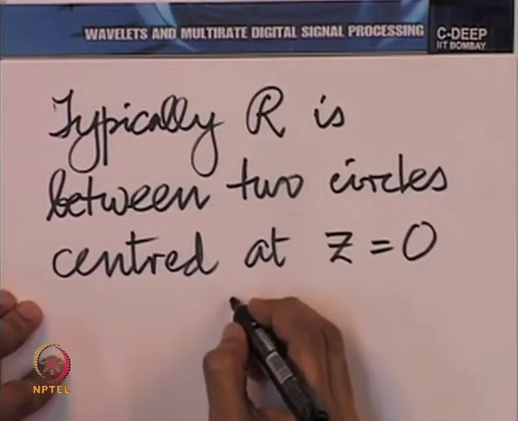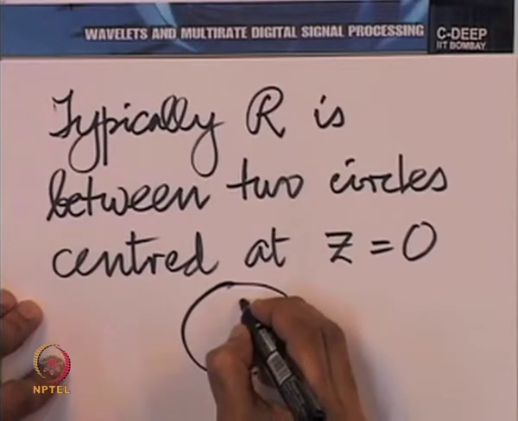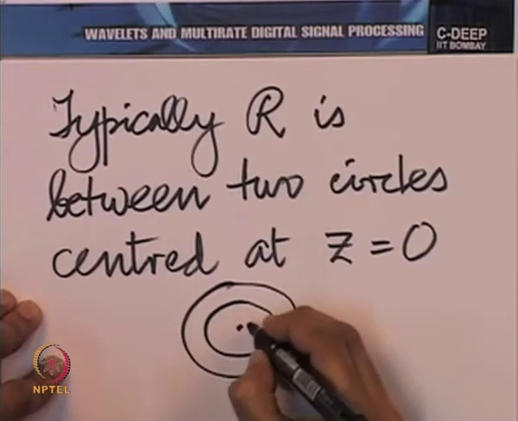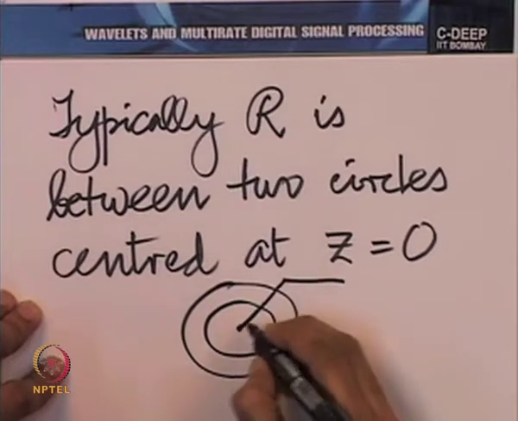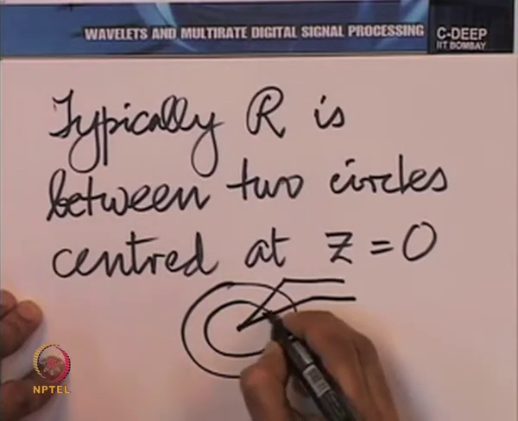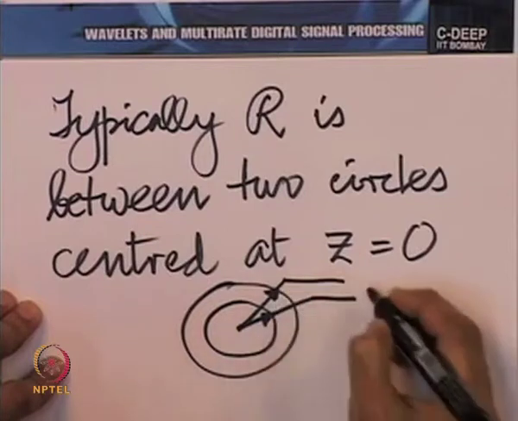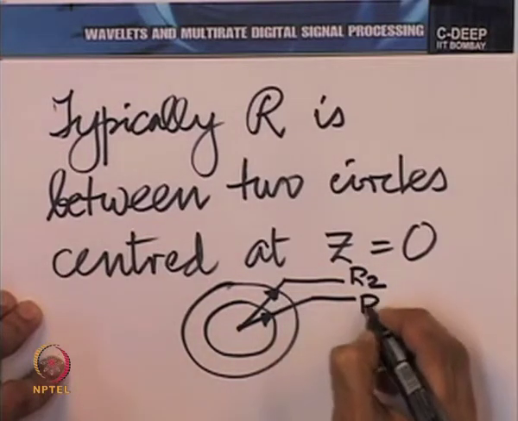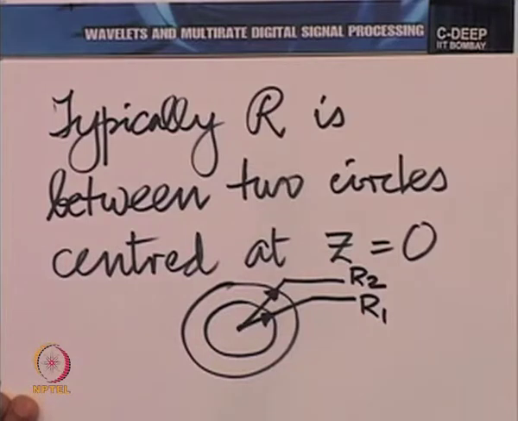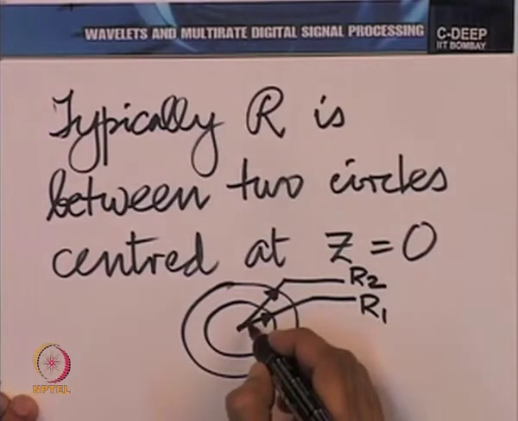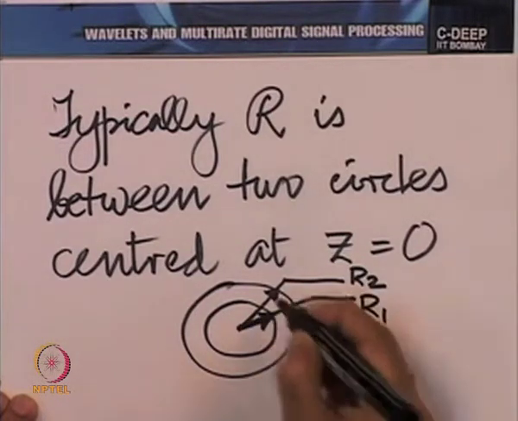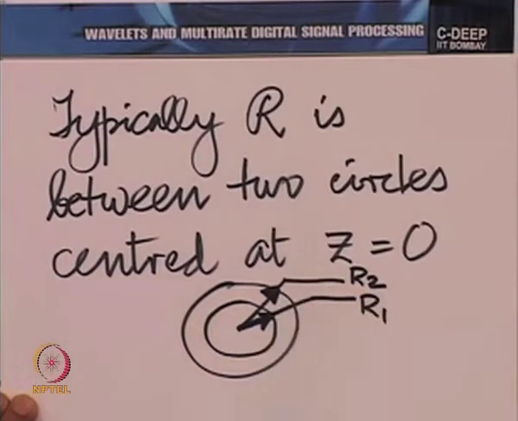So, it has an appearance something like this, and both of these are centered at the origin. So, you have R 2 and R 1. Here the radius is R 1 and here the radius is R 2. Now, it could be true that R 2 might be infinity or R 1 might be 0. So, we have to allow these possibilities.